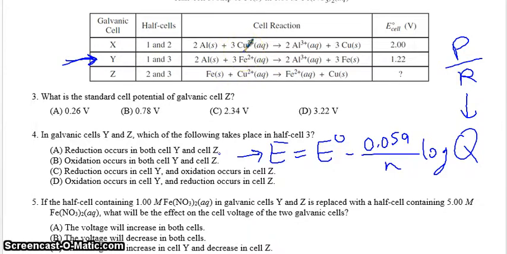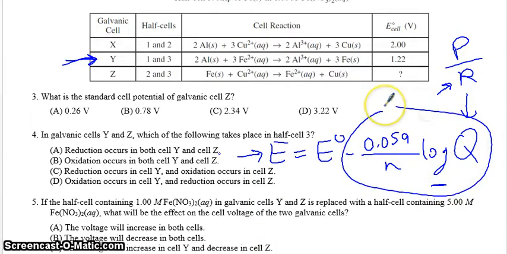Iron is a reactant, which means the bottom here increases, which means this ratio becomes smaller, and the log of a small number is negative. This becomes negative, which means you subtract the negative, and your voltage, your E, goes up, because it becomes more positive. So the voltage increases in cell Y. We'll put that here.